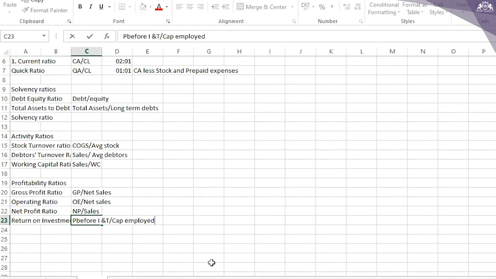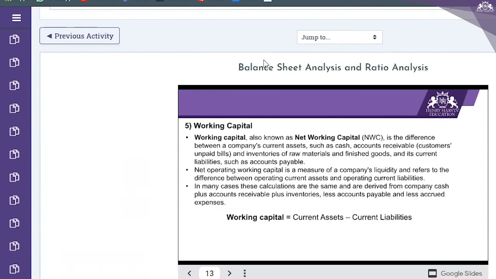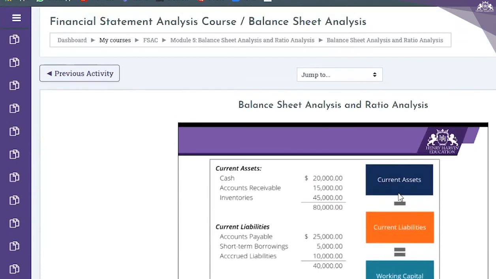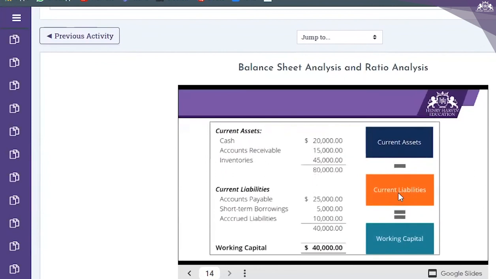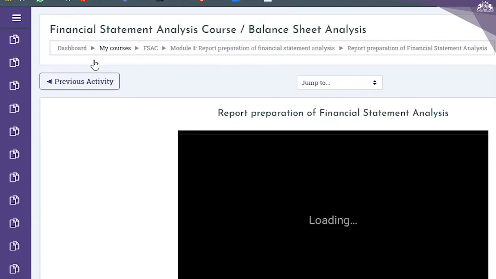Okay. Now, let me see if I have left out anything, then I will take your queries. Working capital is current assets minus current liabilities. This we have already done. Now, previous activity, let us see if I've left out any.